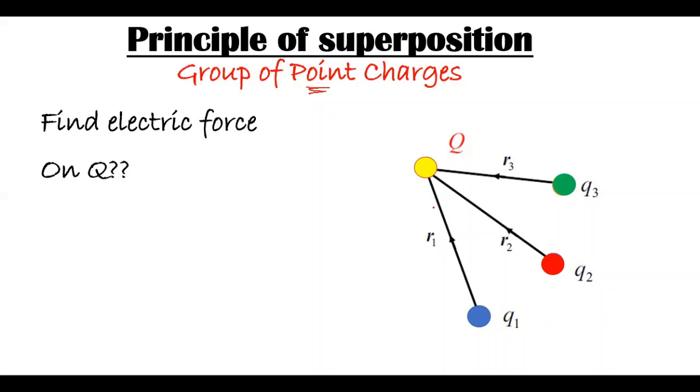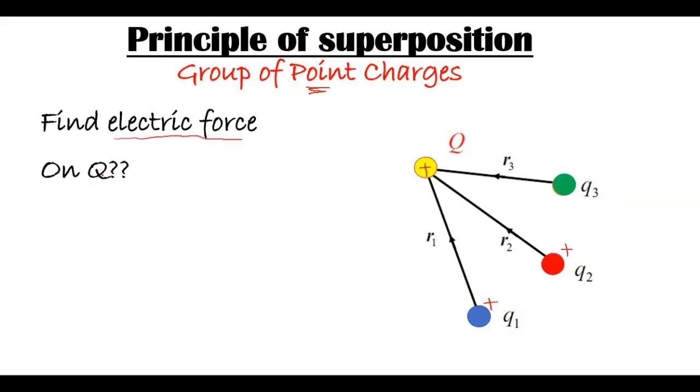Okay. So we are going to consider the effect of Q1 only on Q capital. I'm going to assume that all these charges are positive, okay, and this yellow one is positive too. So I'm going to connect the line. The line is drawn right here between Q1 and the Q capital. And then you are thinking, what is the electric force?